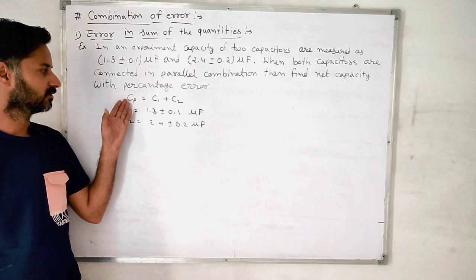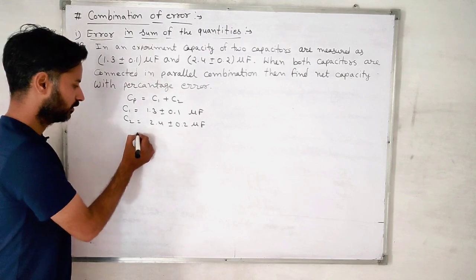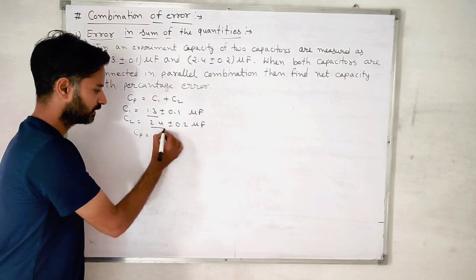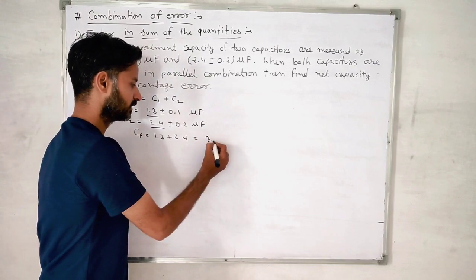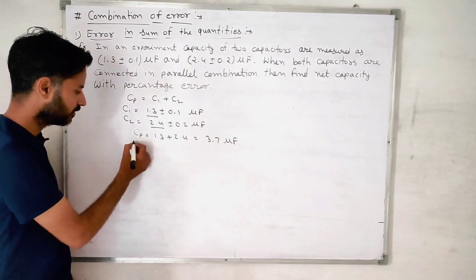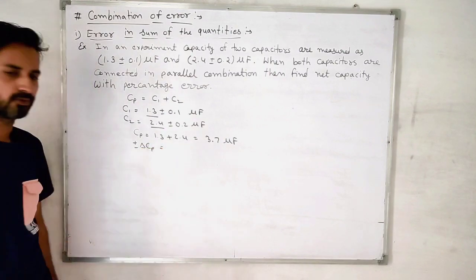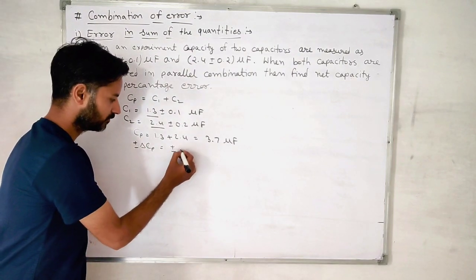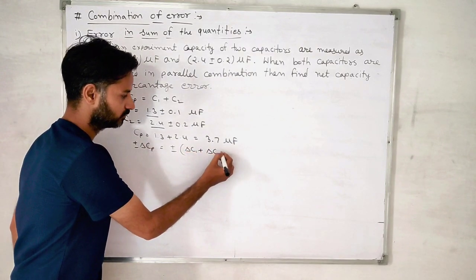So we can see that here is a combination of two physical quantities. The exact value Cp will be 1.3 plus 2.4, which will be equal to 3.7 microfarad, and the error, since this is a sum of quantities, will be del C1 plus del C2.